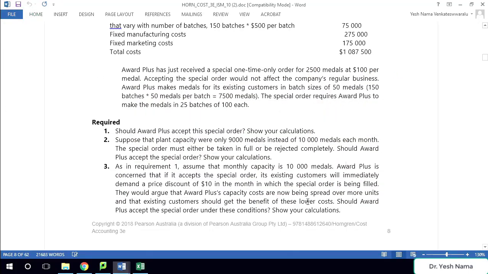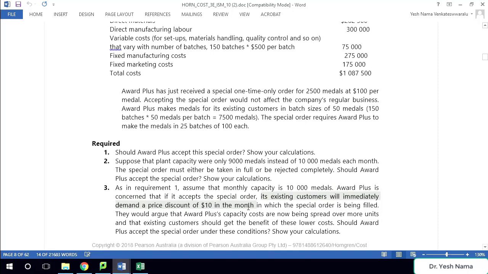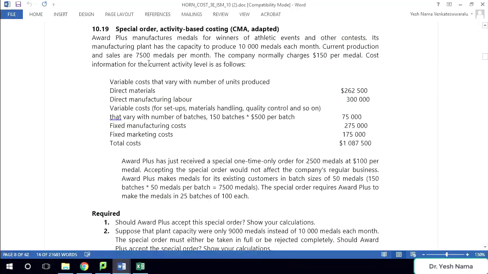Now, what did they say? The existing customers will immediately demand a price discount of $10. So earlier they were selling 7,500 medals at $150 per medal. Now they'll have to sell 7,500 medals at $140 per medal with a $10 discount.